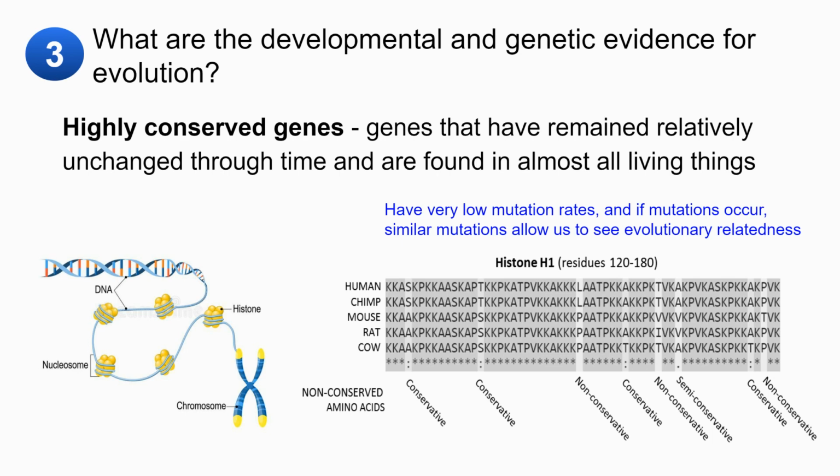Eukaryotic organisms were thought to have evolved around 2 billion years ago. Histone proteins come from a highly conserved gene that has not changed dramatically since then, and we can compare the amino acids that build these proteins among living organisms today. Similar mutations or differences in the amino acid sequence can tell us or allow us to see the evolutionary relatedness among plants, animals, fungi, and protists.